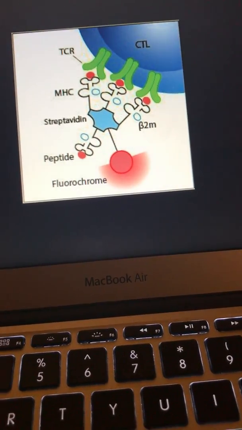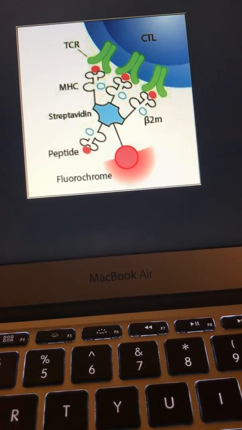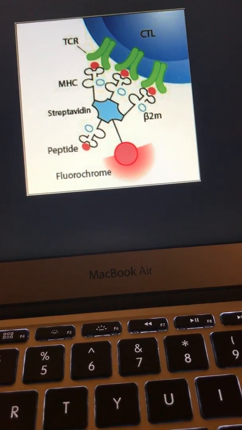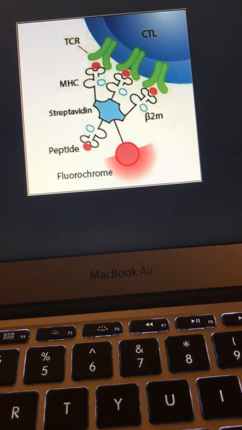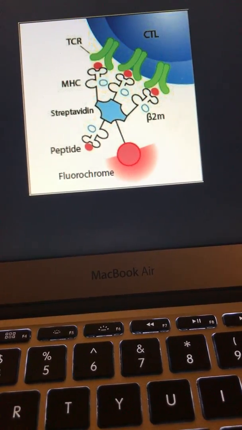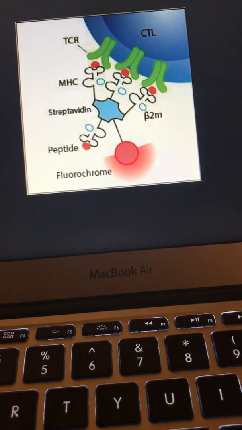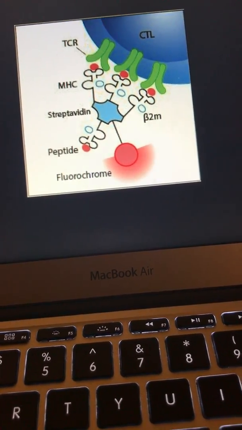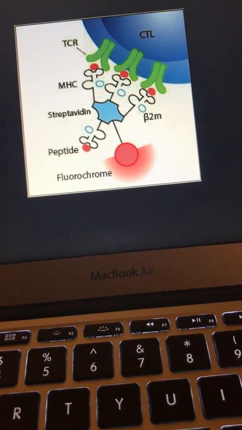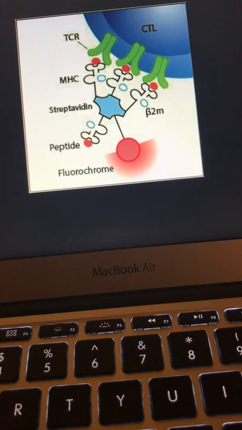The biotinylated domain allows up to 4 peptide MHCs to bind to a fluorescent streptavidin complex with high affinity. The tetramers bind to T cells that are specific for both the MHC type and the peptide being used in the tetramers.